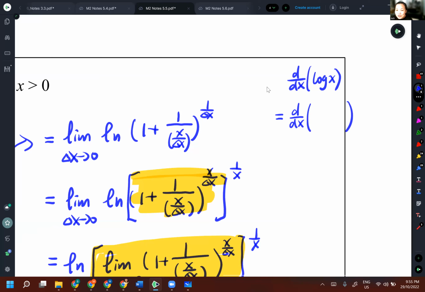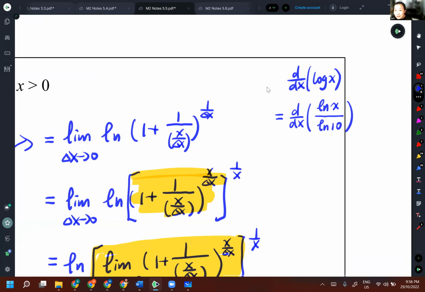What base do you want to change to? E. That's a correct choice. Let's change it to e. This is log x divided by log 10. That's how you do change of base.